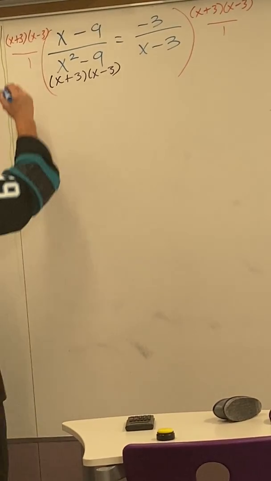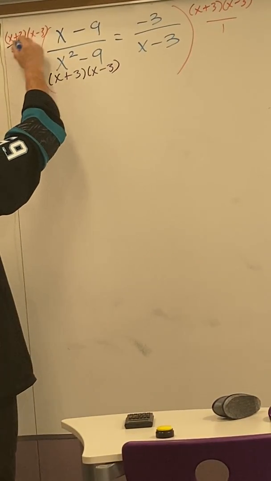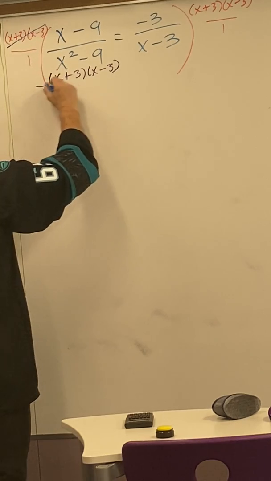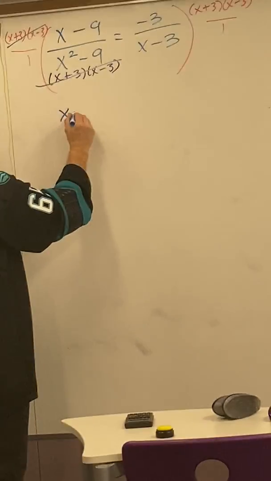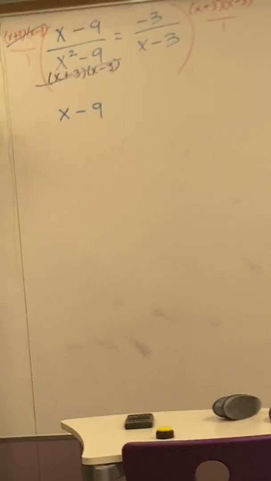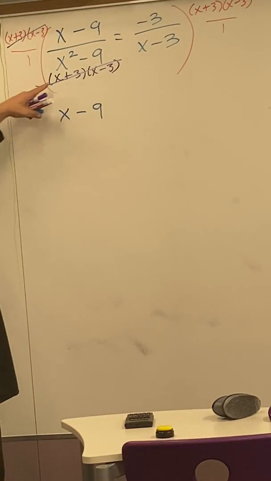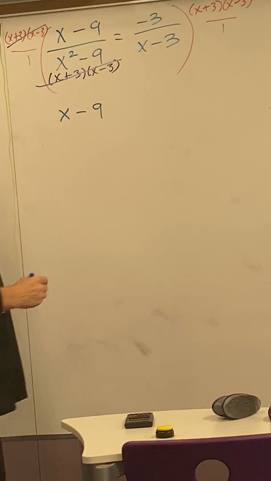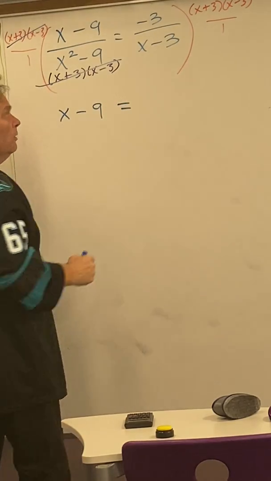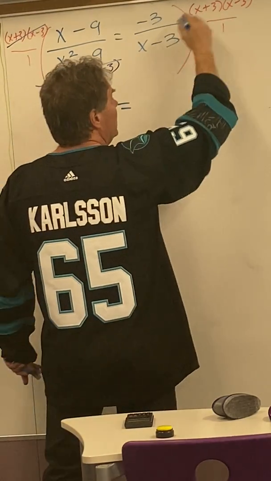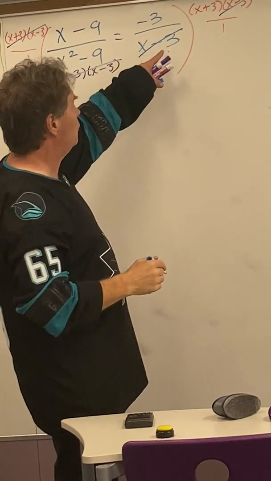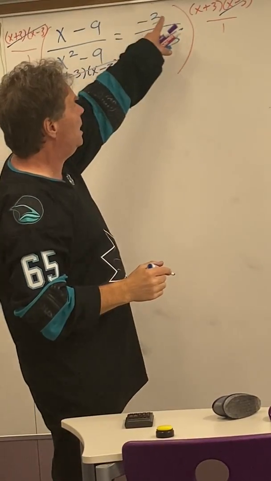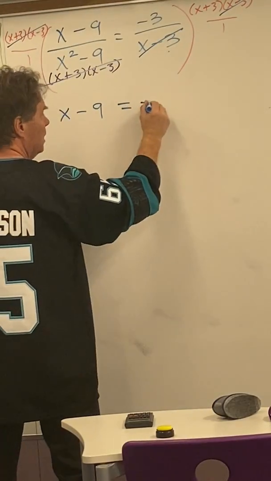Oh my gosh, this whole thing cancels with this whole thing, and look what I get, x minus 9. This whole thing wipes out the whole bottom, and we get this, equals, okay? What happens over here? This guy cancels with this, so this whole bottom goes away, and I get negative 3 times x plus 3.